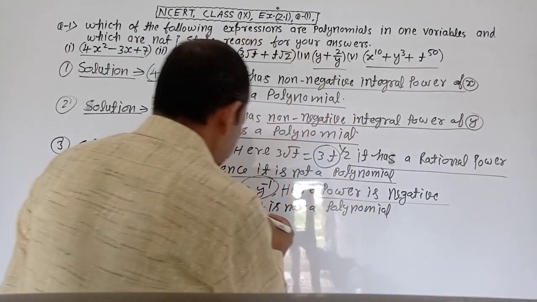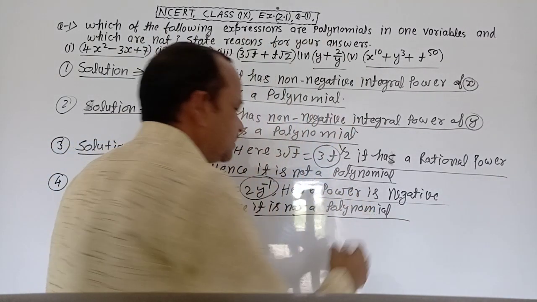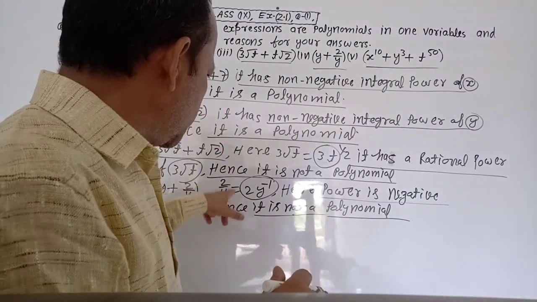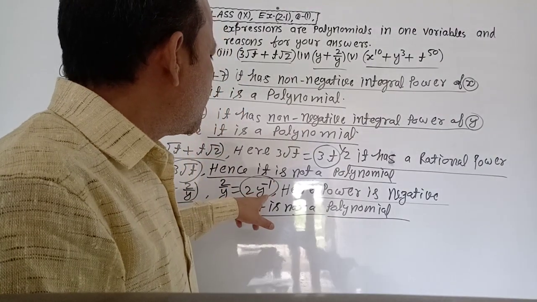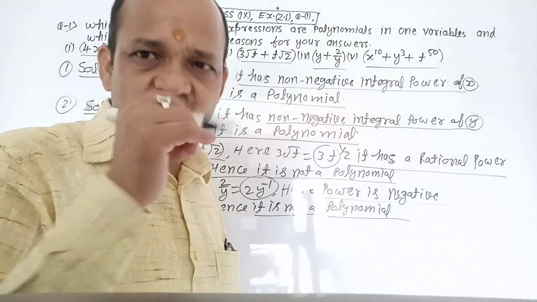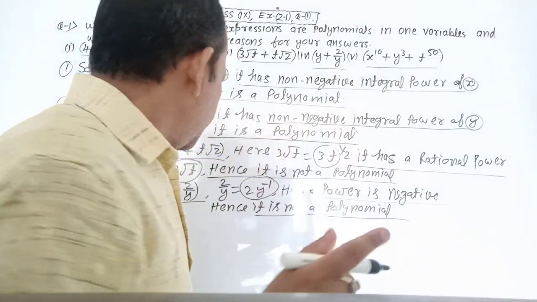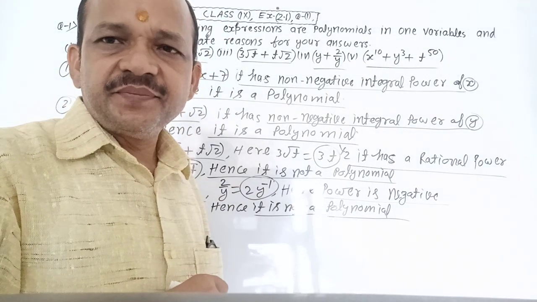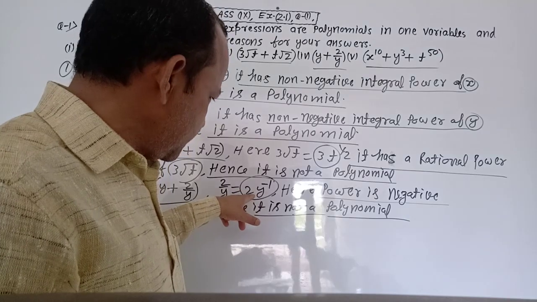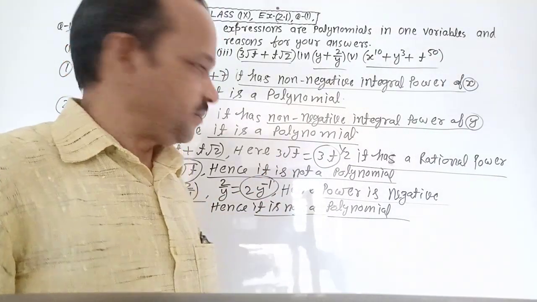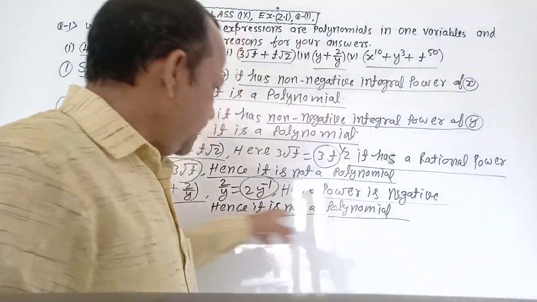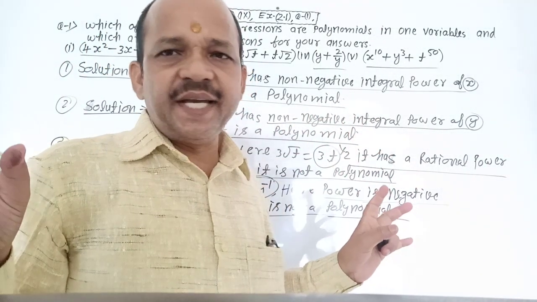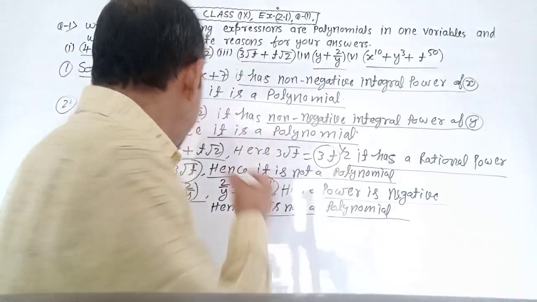Here 2 is numerator and y is denominator. You can write it as 2y power minus 1. Hence it is not a polynomial. It is clear, no confusion about it. Very good. Next.